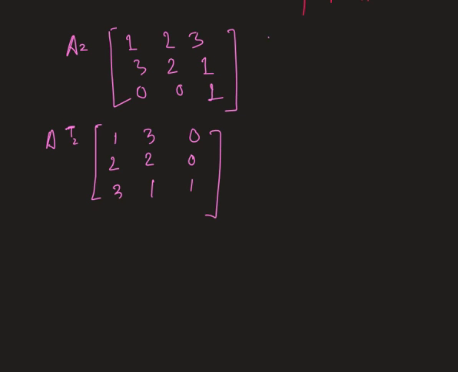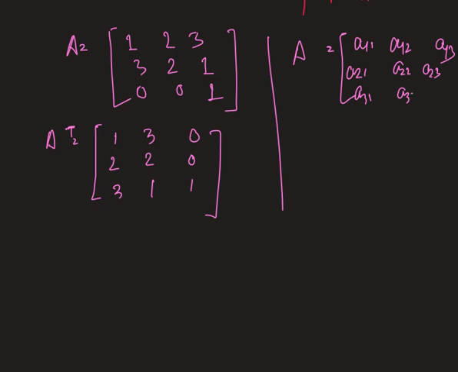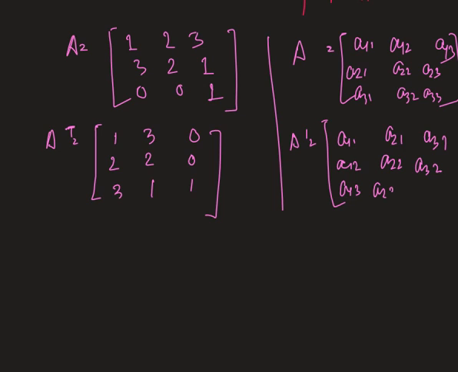Okay, if we see the matrix in this way, that is A11, A12, A13, A21, A22, A23, A31, A32, A33, therefore the transpose is going to be A11, A21, A31, A12, A22, A32, A13, A23, A33.